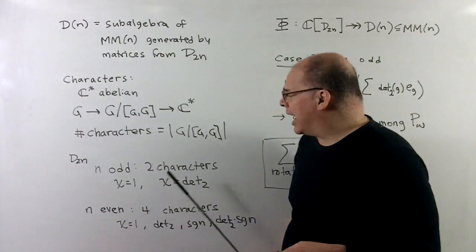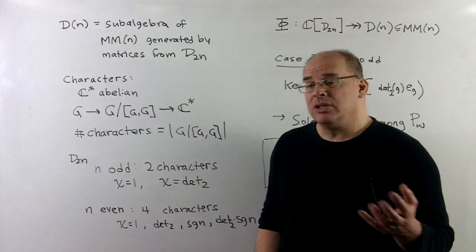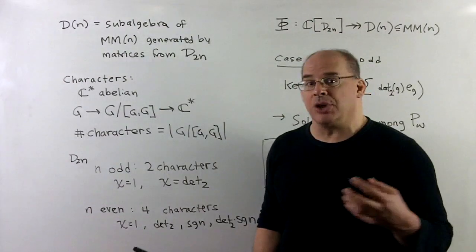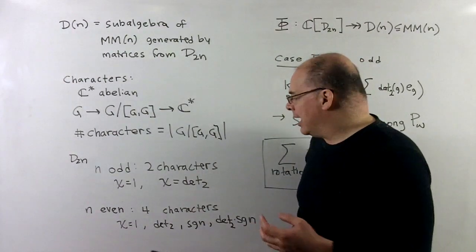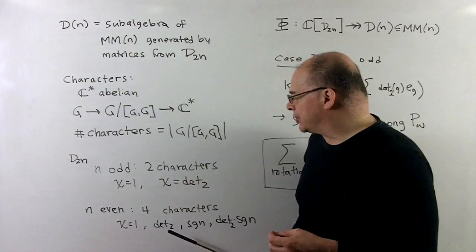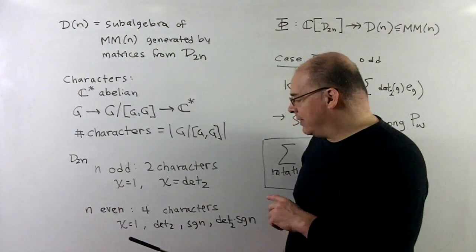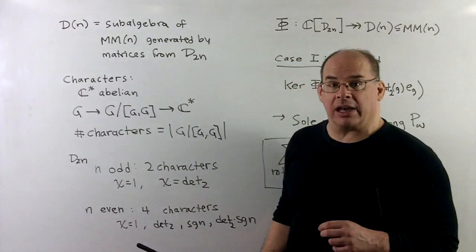We'll have the trivial and the determinant for the two-dimensional realization, so rotations go to 1, reflections go to -1. And when n is even, we'll have 4 characters: the trivial, the determinant, the sign on the permutations, and then the product of determinant and sign.